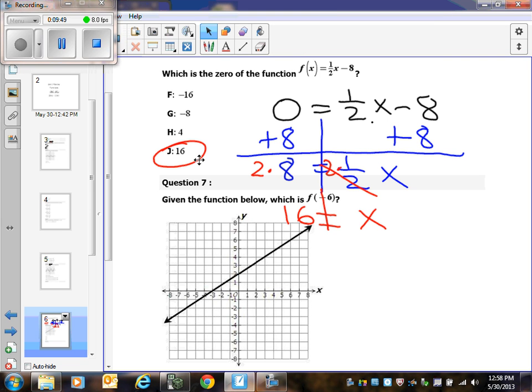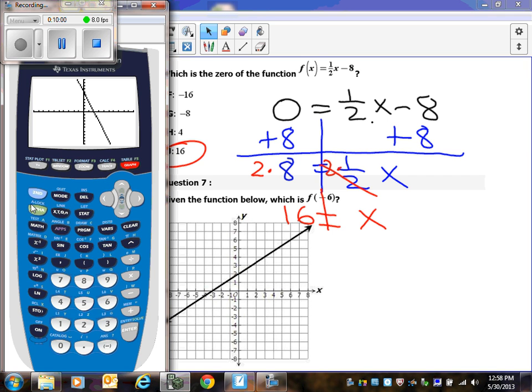Okay? Now, let's say you're like, you know what, I want to do it graphically. Let's put it into the calculator. So another way you can do a zero question is go ahead and type our function in. So 1/2 x.